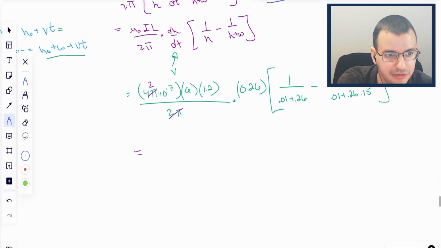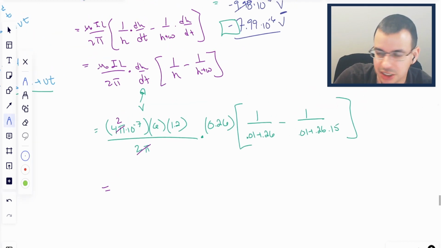So we're going to have 2 times 10 to the negative 7th times 6 times 1.2 times 0.26 times quantity, 1 over quantity, 0.01 plus 0.26. I know I could probably do that in my head and simplify it. I'm not going to. Minus 1 over quantity.